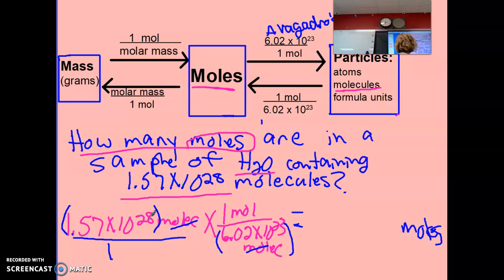I got a pretty big number here. And this is going to be a big number because this is a huge number of molecules. So hopefully you realize that that seems reasonable, and I think we're good.